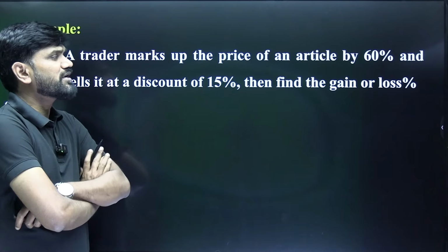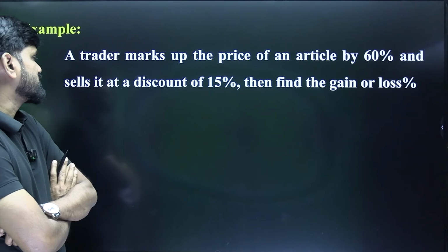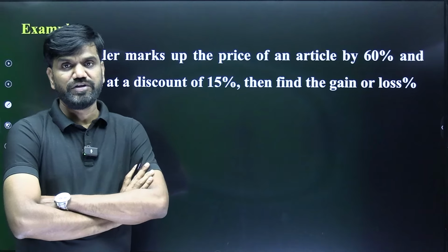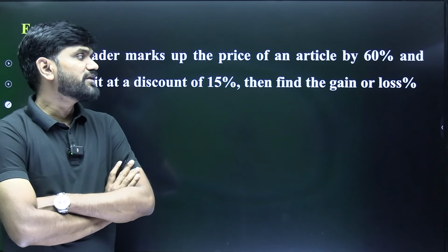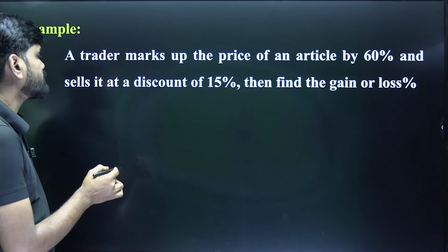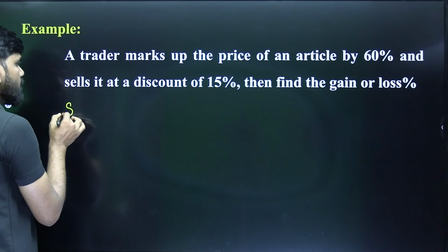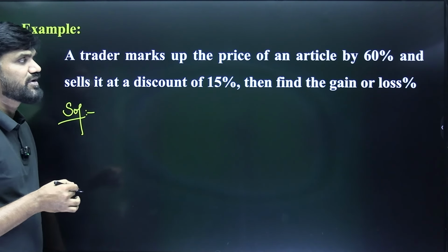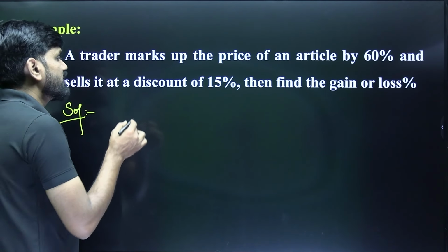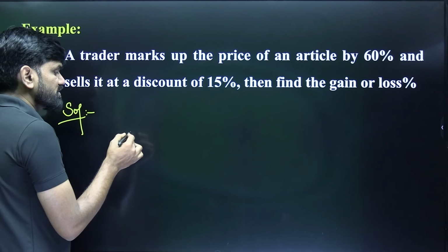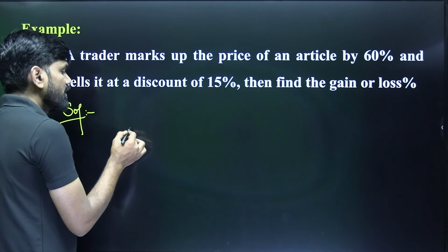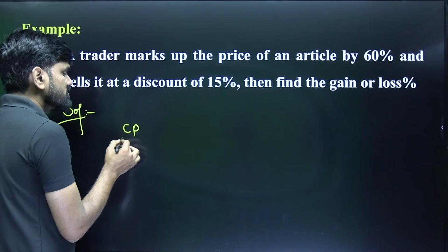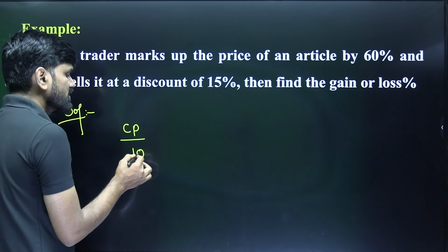Next, a trader marks up the price of an article by 60% and sells it at a discount of 15%. Then find the gain or loss percent. As we do not know the cost price, let's assume the cost price as 100.